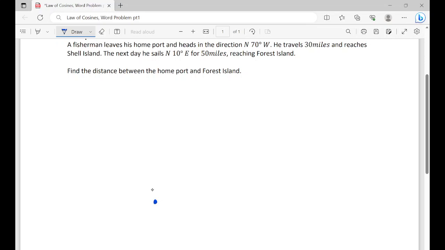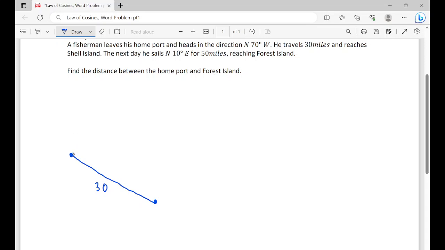So that means I'm going to be going north, but in a western angle of 70 degrees. So going this way here until I get to Shell Island. And I know that this distance here is 30 miles.